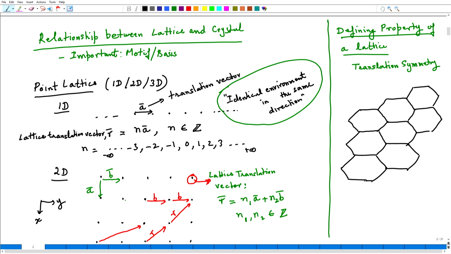Okay, this way you can imagine that this is a space filling thing and again extending to infinity, and let me put lattice points at the corners of these hexagons.